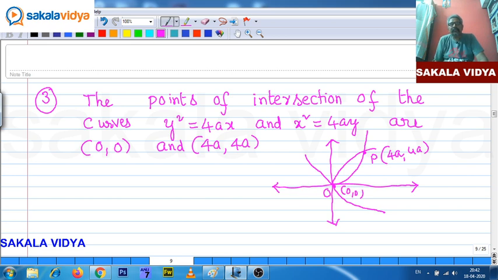See, the x axis is one tangent, the y axis the other tangent. The angle at 0 comma 0 is 90 degrees. At 0 comma 0, these two curves cut orthogonally. At 4a comma 4a also we can find out. So, now let us write the concepts.